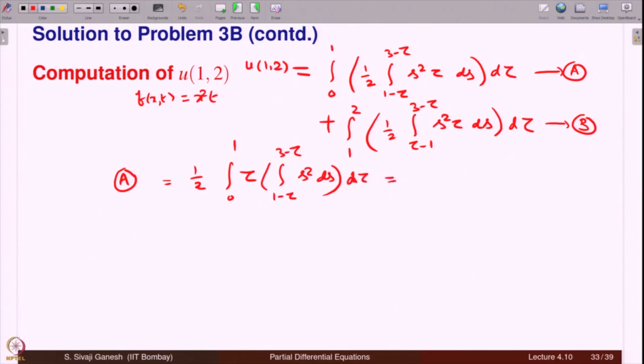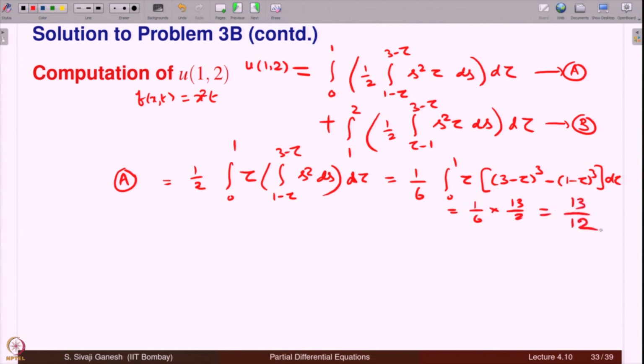That is nothing but s squared integrates to s cubed by 3, that 3 comes out and it becomes 1 by 6 times the integral from 0 to 1 of tau times (3 minus tau) cubed minus (1 minus tau) cubed d tau. After computation this becomes 13 by 12.